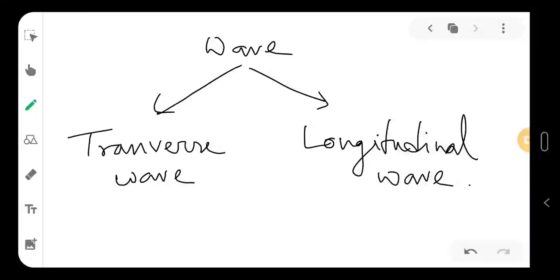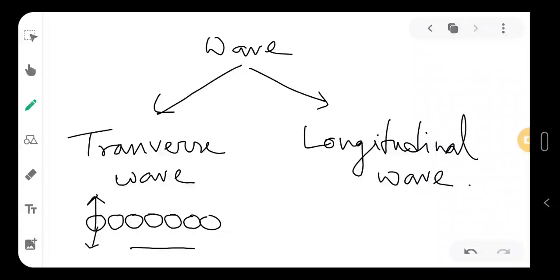When we have a string of particles like this, and one particle starts oscillating, the energy flows from the first particle to the other particles. The direction of the flow of energy is this side, whereas the oscillation is occurring in a vertical direction. So you can see that the oscillation is perpendicular to the flow of energy. This kind of wave is called a transverse wave.